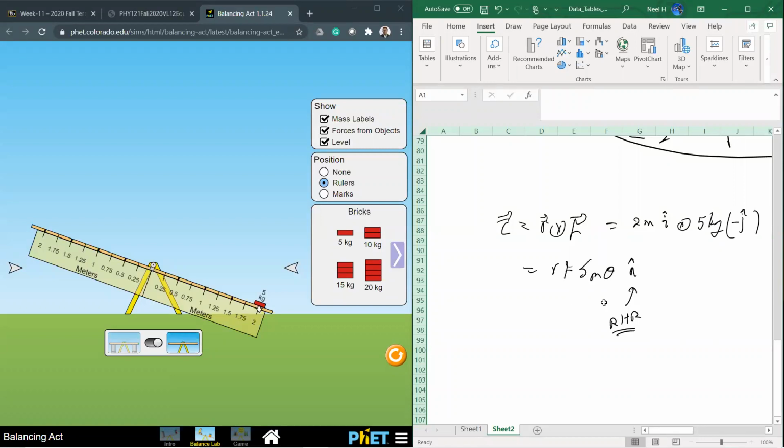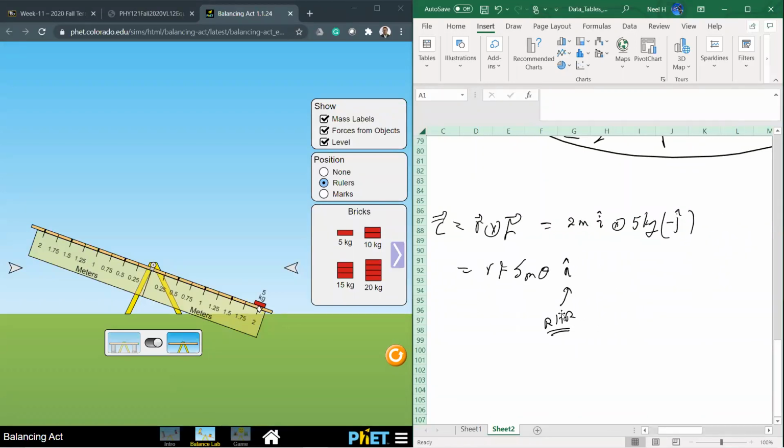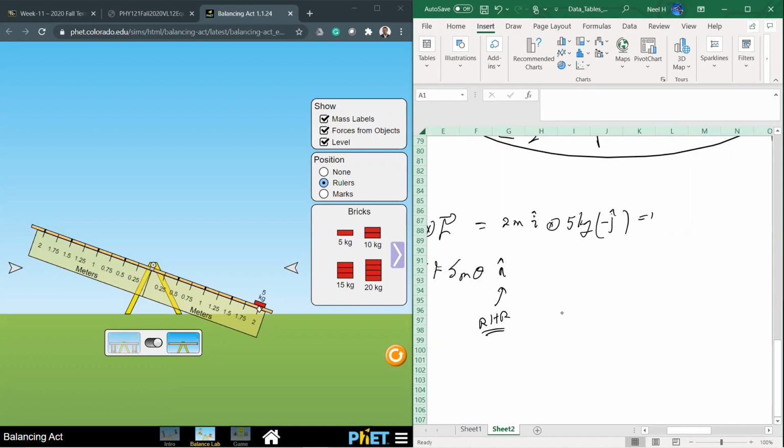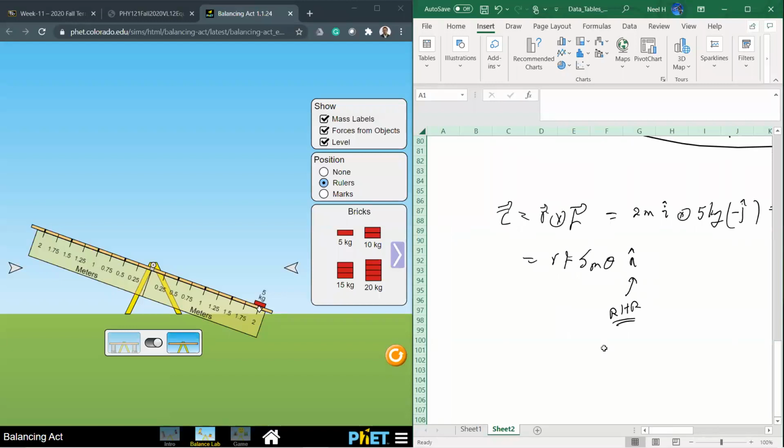So as a result, if you multiply that, 2 times 5 is 10 kilogram meter, and then R cross F gives negative i cross j. Now you are familiar with how to do that. So i cross j is k hat, right? But the k hat comes with the negative sign here. So that negative sign tells you which direction this torque is actually applying.